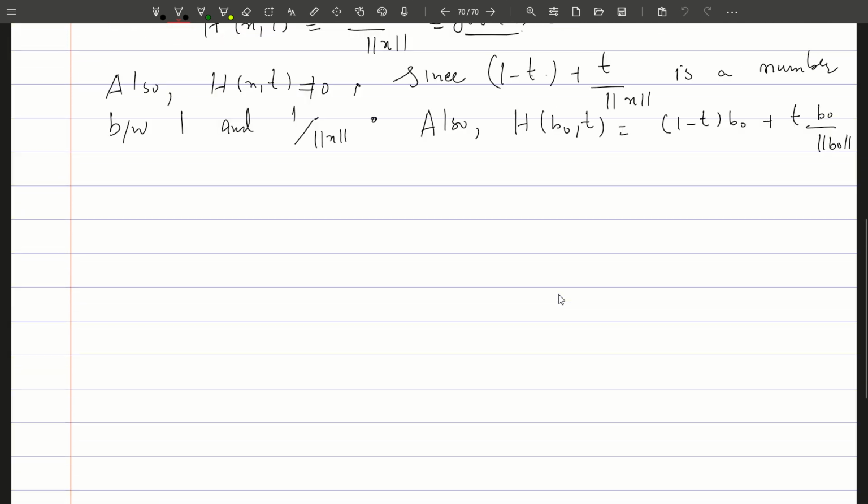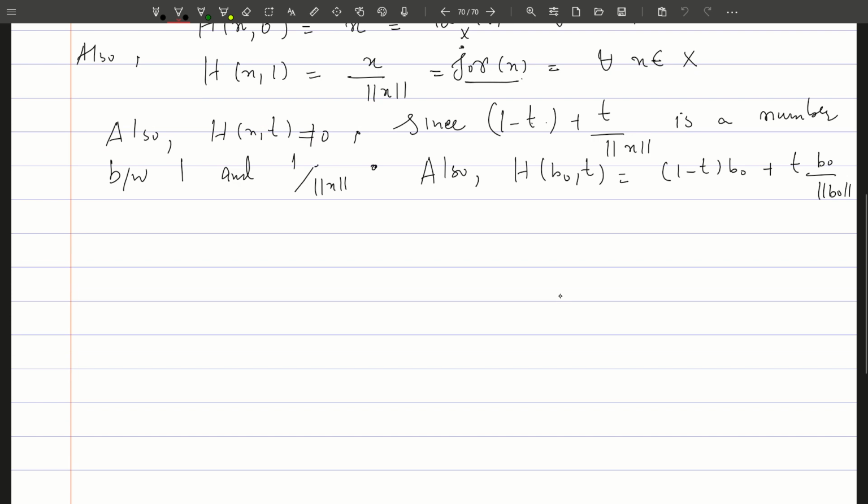So this will be equal to 1 minus t times b naught plus t times b naught, which is b naught. That means h keeps b naught fixed during the homotopy. This is true for all t in the interval 0 1.